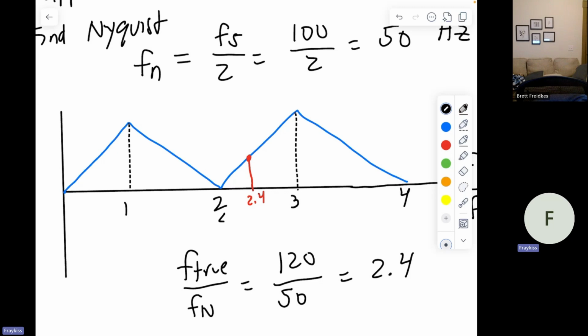This distance is 0.4. So if I were to fold that over the 2, this would also be 0.4 to the other side, which would mean that this is 1.6.